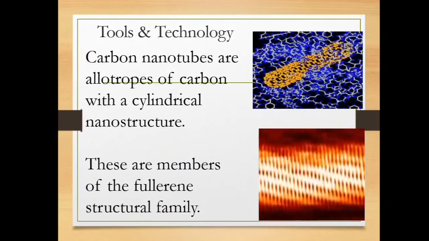We also have the different tools and technology under nanotechnology. The first one is the carbon nanotube, which are allotropes of carbon with a cylindrical nanostructure, and these are members of the fullerene structural family.